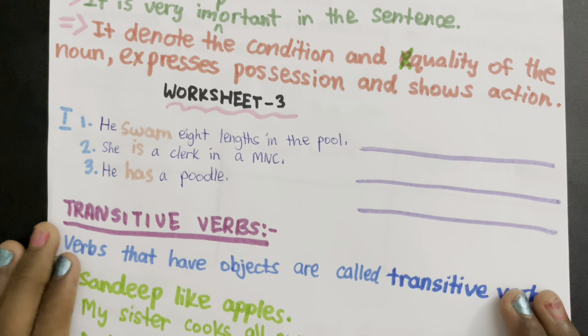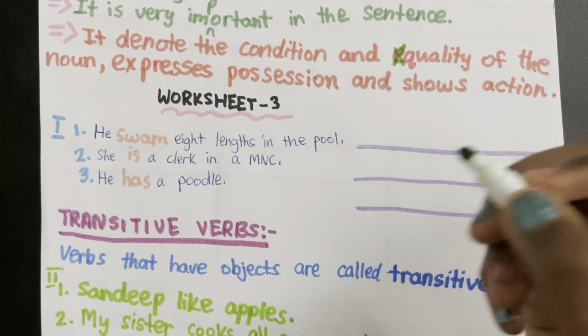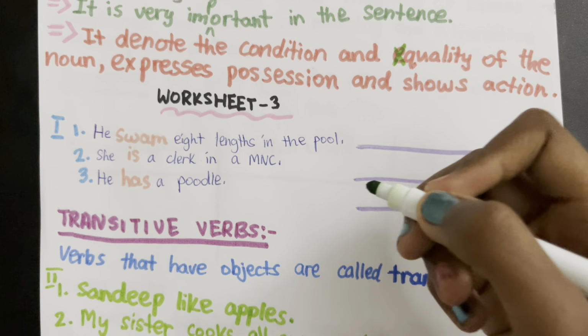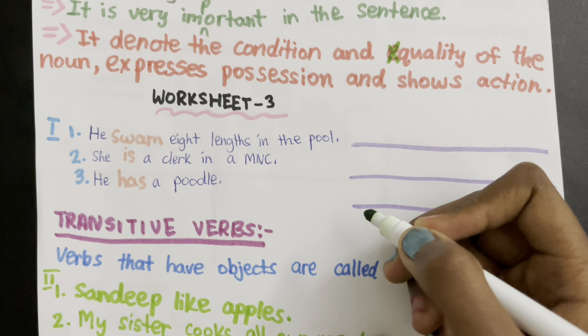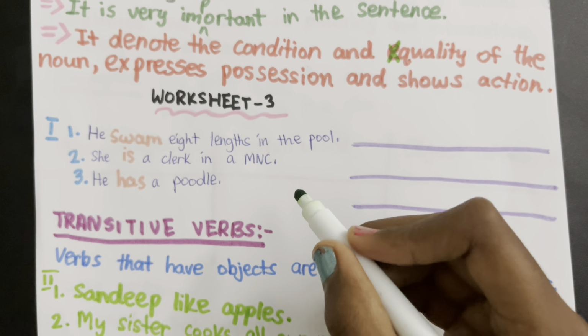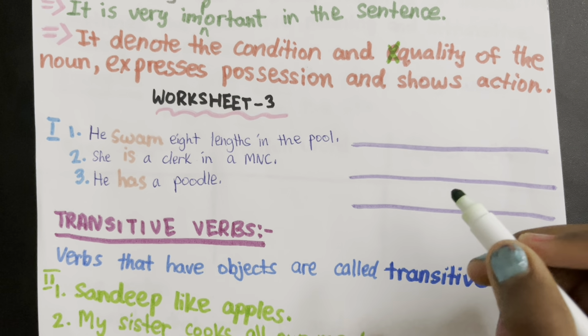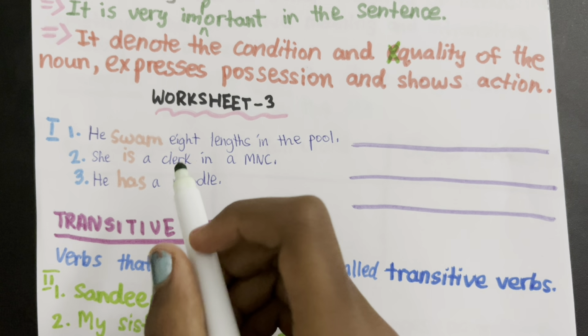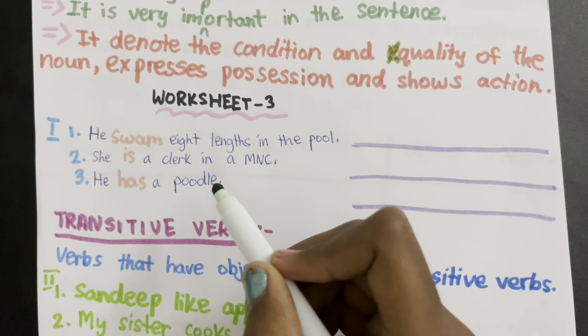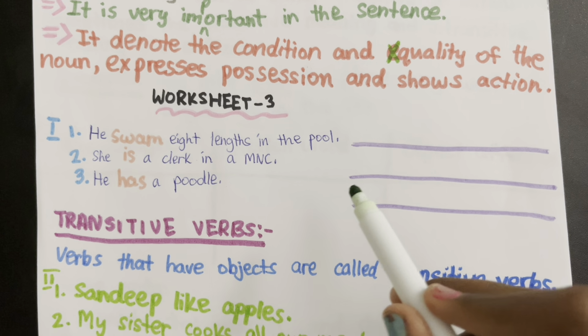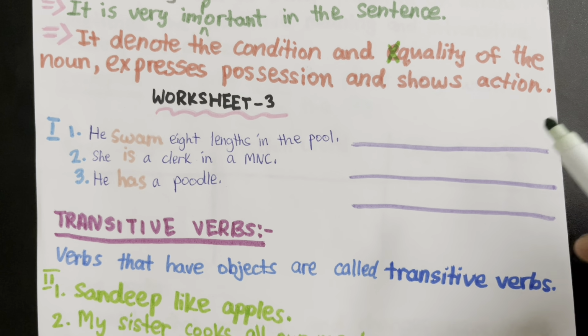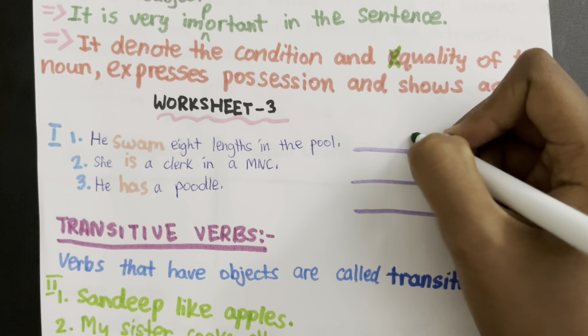Worksheet 3. We should write what the verb is denoting in each sentence. He swam 8 lengths in the pool. In this sentence, swam is the verb, so it will be action.